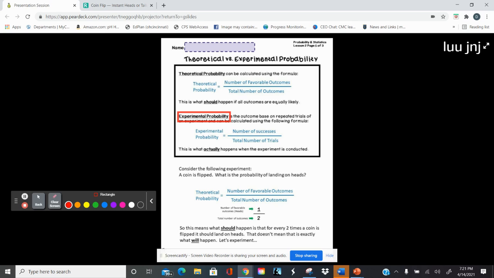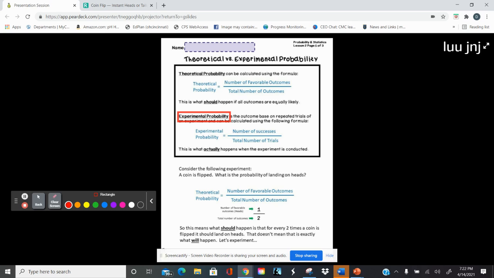So if we're looking to see how many yellow crayons I'm going to pull out of a box of a mixture of a variety of colors, we would need to know how many yellow crayons are in there, and we would need to know how many crayons are in there total.